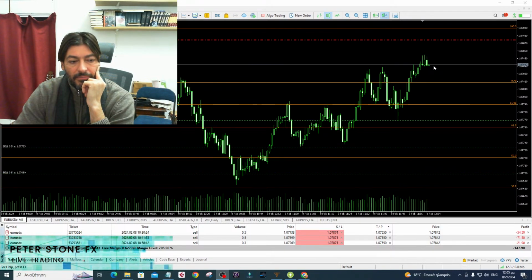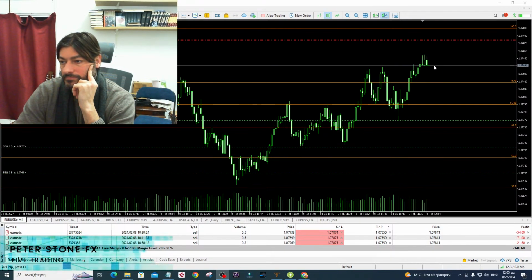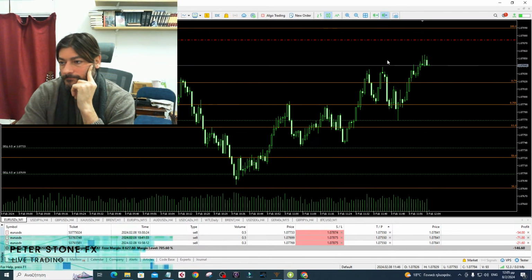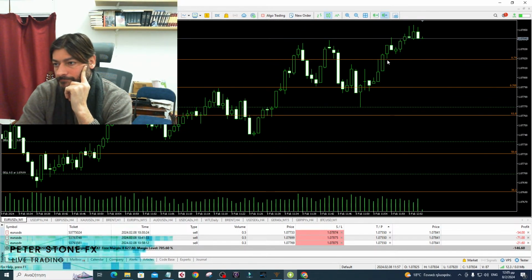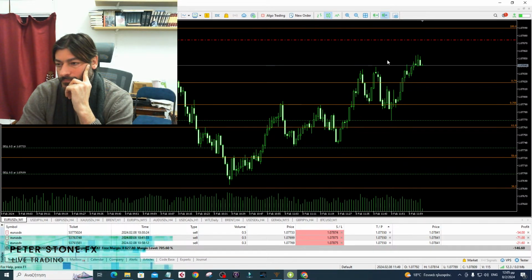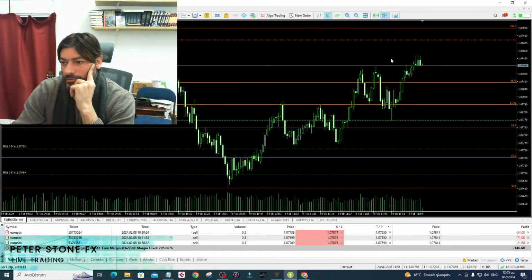This maybe, no, it could be a bullish order block in the micro scale. Let's see this candle, what it will do.